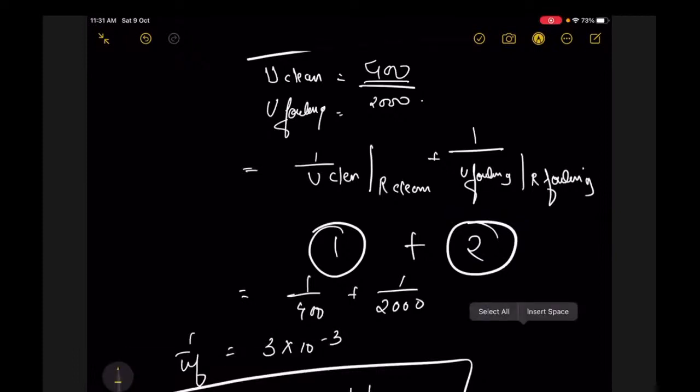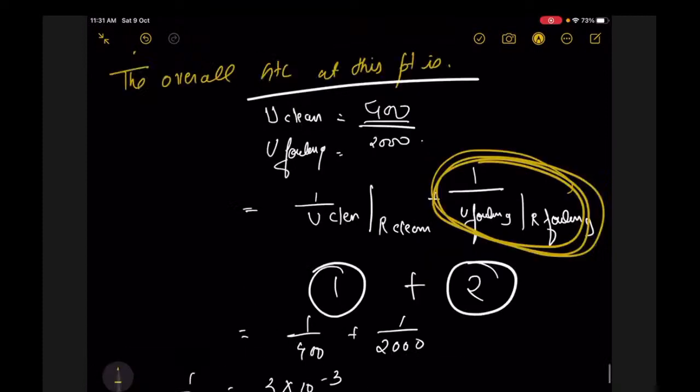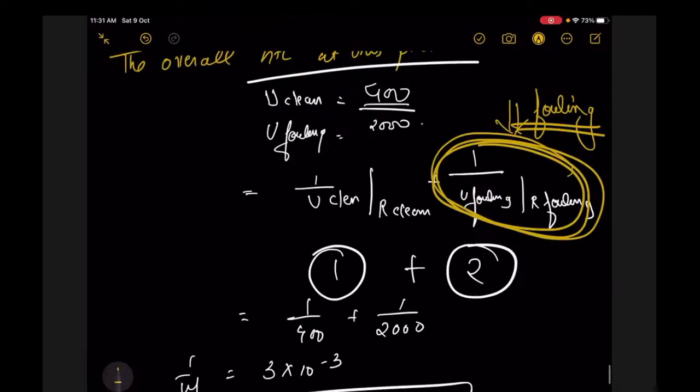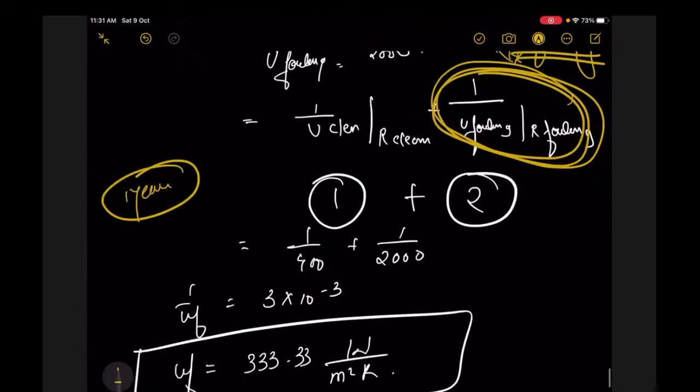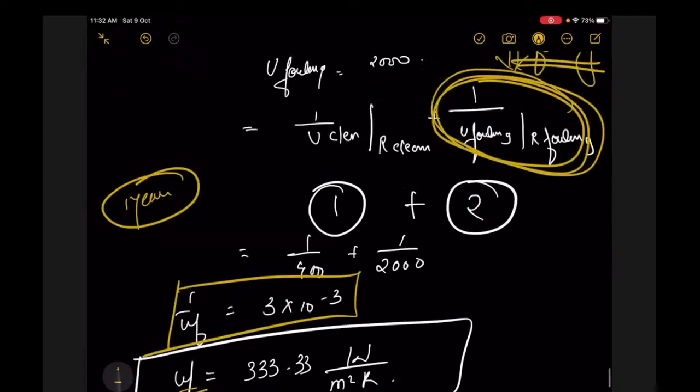This is the individual heat transfer coefficient due to fouling. फाउलिंग की वजह से कितना रेजिस्टेंस है सिस्टम के अंदर, वो ये वाली वैल्यू है. क्वेश्चन में पूछा क्या है, आफ्टर 1 ईयर हाउ मच इज द टोटल रेजिस्टेंस, और उस रेजिस्टेंस को फिर हमने कन्वर्ट कर दिया. उसने यूएफ पूछा, अगर वो रेजिस्टेंस बोलता तो हम नहीं करते कन्वर्ट, इतना ही रखते, है ना. सो आफ्टर 1 ईयर क्लीन की वजह से कितना रेजिस्टेंस है और फाउलिंग की वजह से कितना रेजिस्टेंस है, दैट इज द ओवरऑल यू. ओके, आगे समझ में.